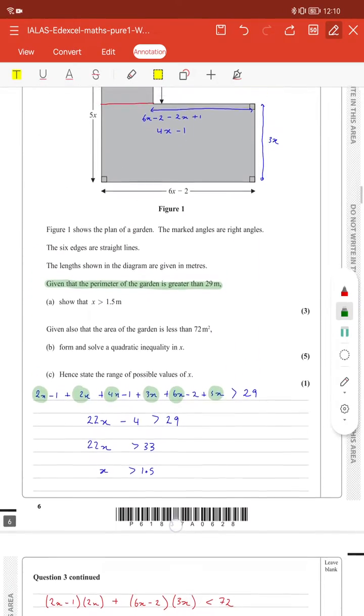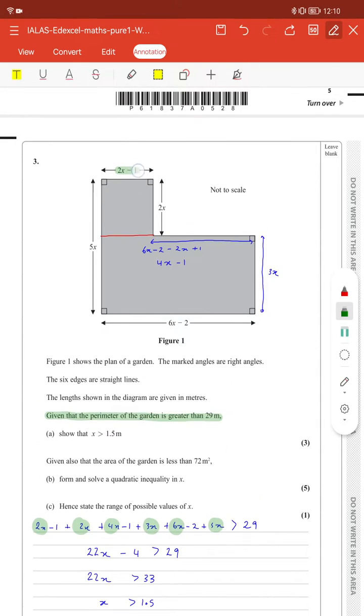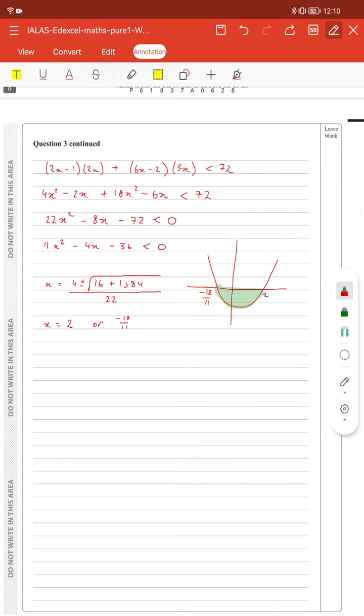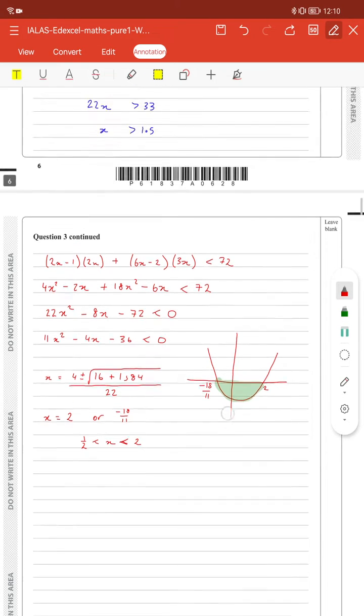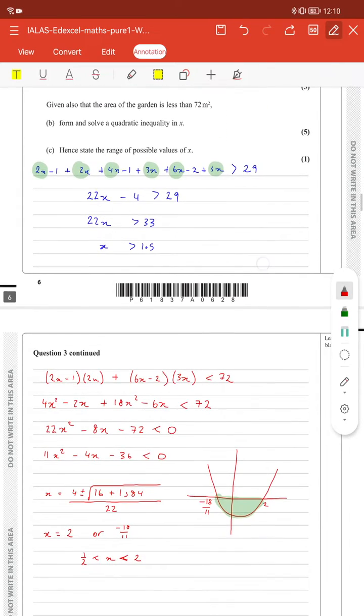But what you need to remember is that x is a length, and this length can never equal 0. So in that case, x has to be bigger than a half, but less than 2. And that would be our inequality.